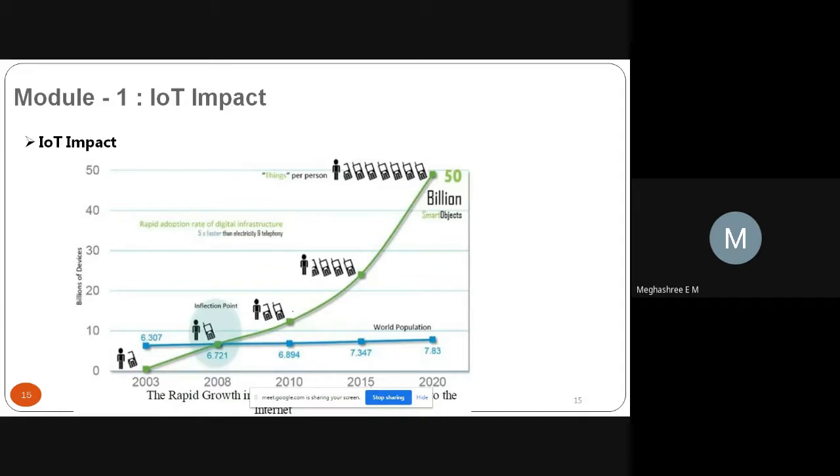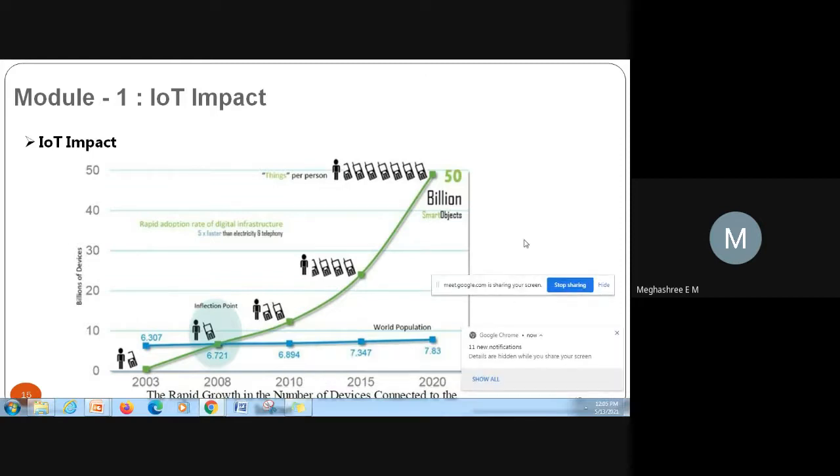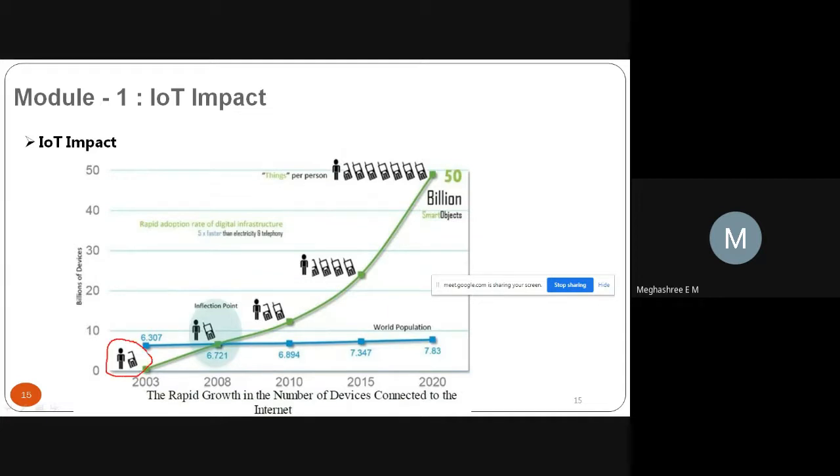So this is a diagram which depicts the rapid growth of connecting devices to the internet. In 2003, for one person, one device was connected, and in 2008 it's the same. In 2010, it increased to two. In 2015, it increased to four, and by 2020, it increased to seven.